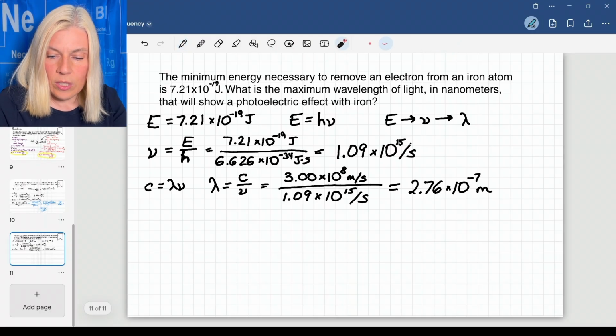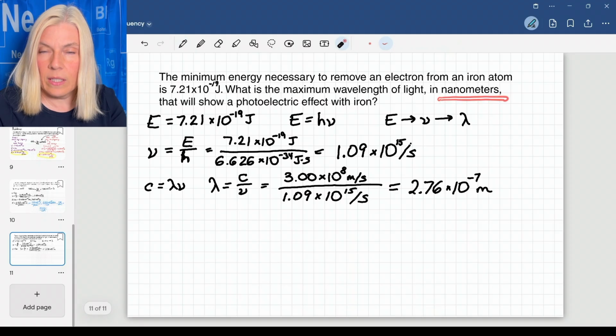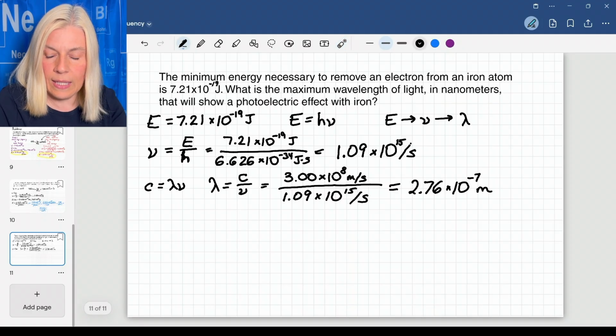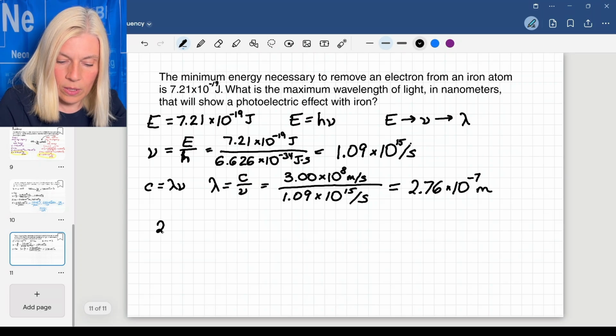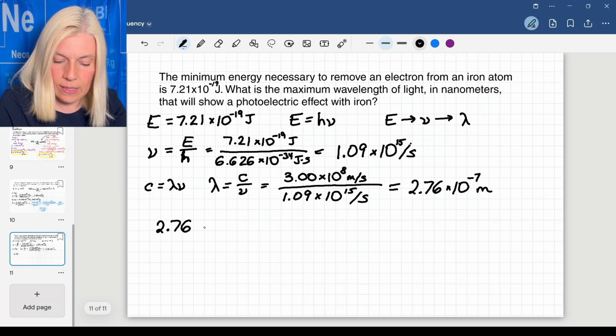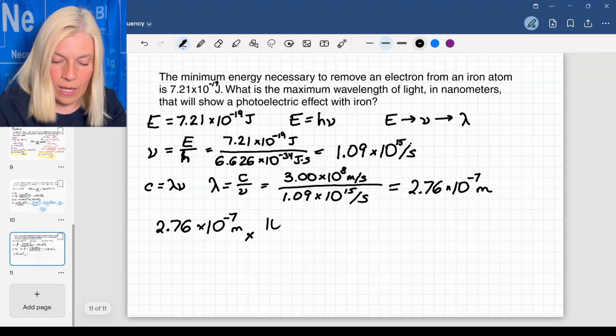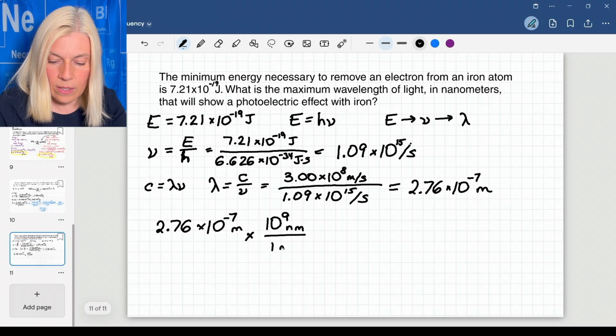But the question is asking me in nanometers. So I'm not done yet. I have to keep going. So I have 2.76 times 10 to the negative 7 meters, yes, times, well, there is 10 to the 9th nanometers in 1 meter.